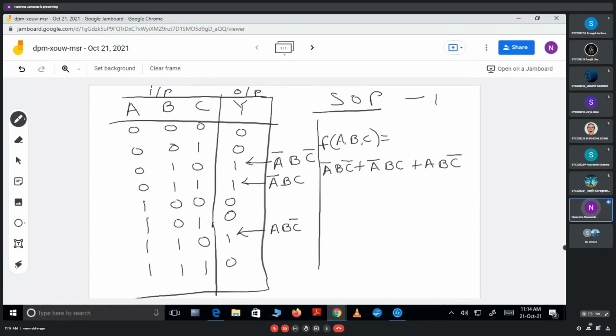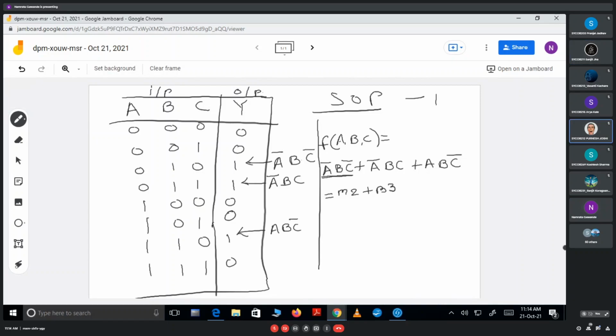Now I will write how to write it in terms of min terms. Which min term is this representing? The notation is given in terms of small m: summation 2, 3, 6. So this represents M2, M3, plus M6.